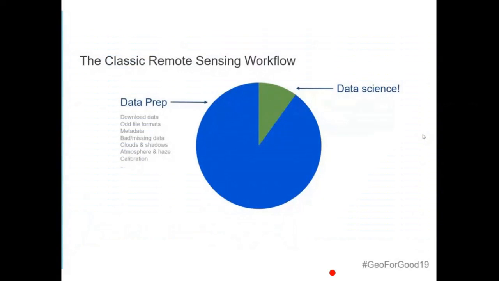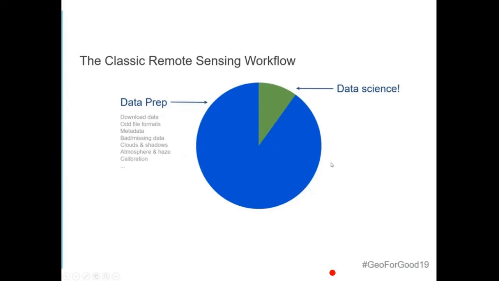The classic remote sensing workflow is that we prepare the data. We download data, and there will be old file formats: NetCDF files, HDF files, TIFF files, shape files. There are hundreds of file formats, and we deal with all of them. There are issues with metadata, bad or missing data, and cloud shadows. So we have to do a lot of preparation.